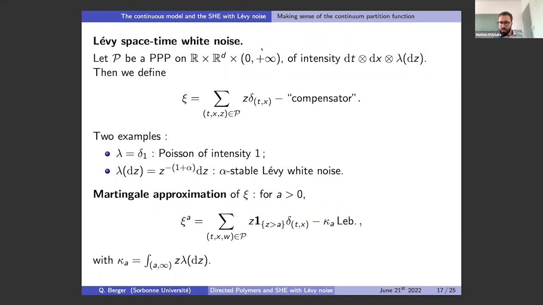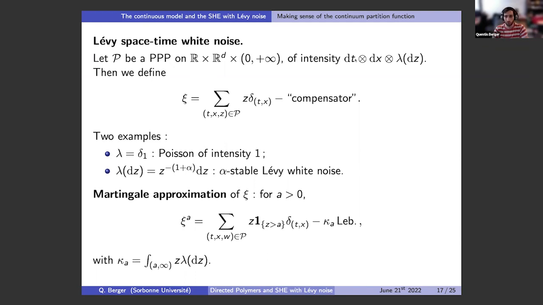Okay, so the question is: is there a nonlinear version of this kind of result? I mean, with a nonlinear stochastic heat equation? Yeah, actually, it's a good question. There are some results. Here it's true that we were looking at only a linear stochastic heat equation, because the connection with the directed polymer model is more direct, and so we have a different interpretation for the solutions of the stochastic heat equation as partition functions of the directed polymer.